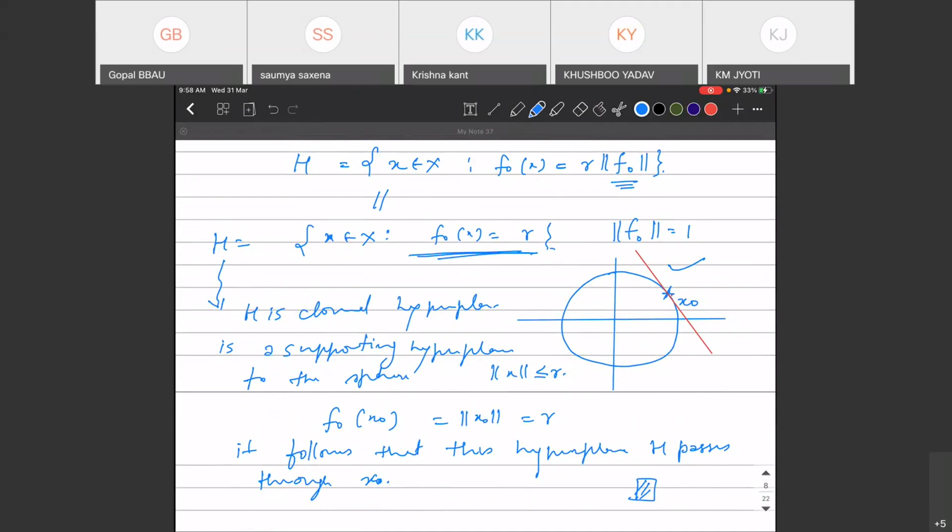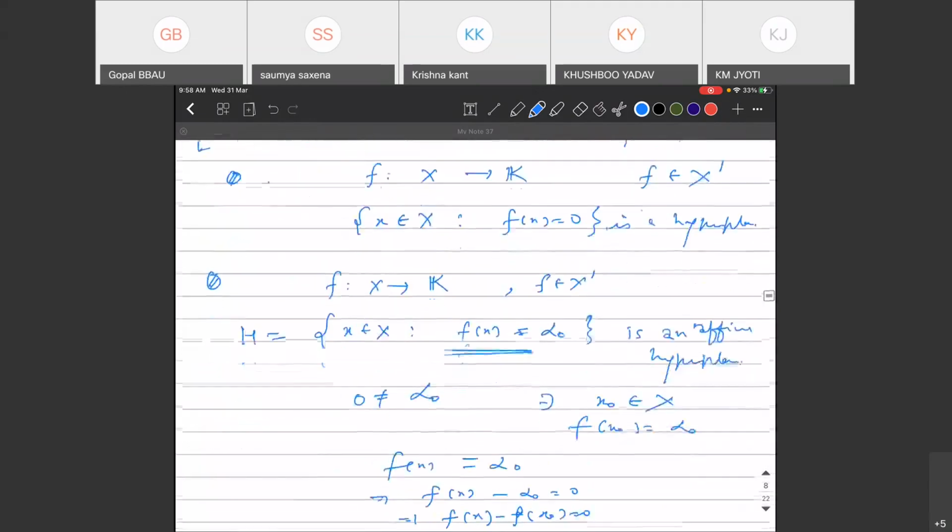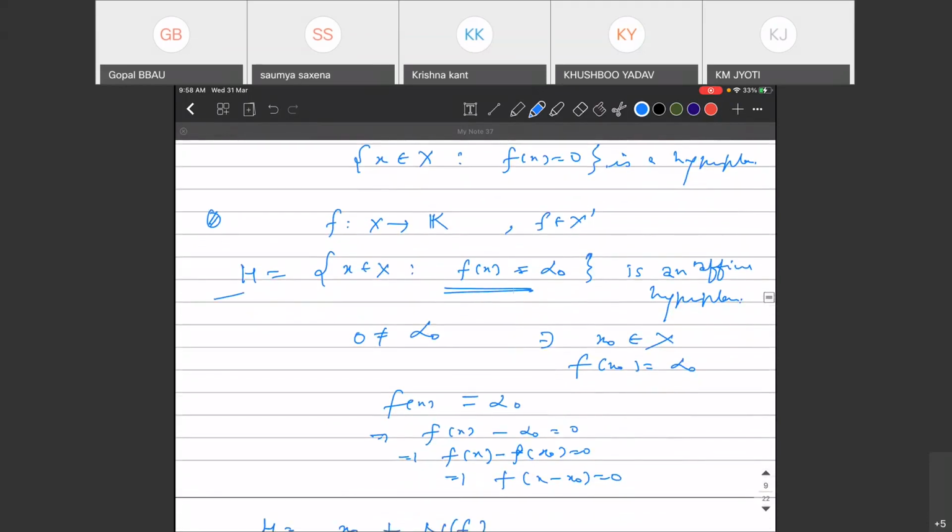Here, this H is all those points of X such that f naught x equals R, and f naught at x naught equals R. So this hyperplane passes through x naught. Do you see a resemblance? दिख रहा है ना, दोनों सेम दिख रहे। Yes, sir.